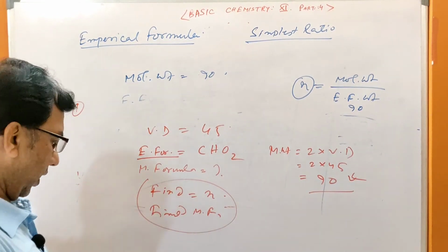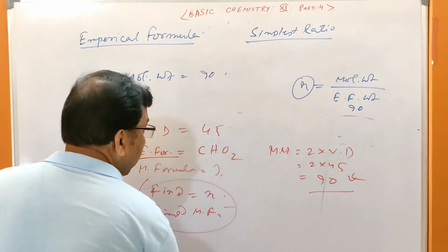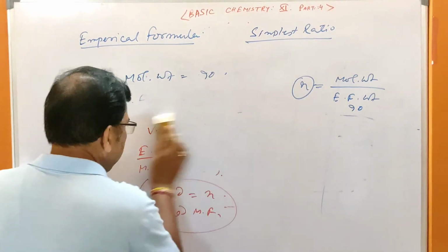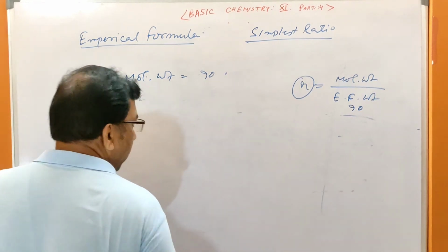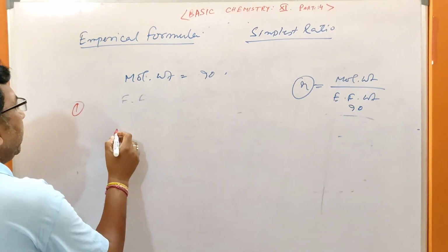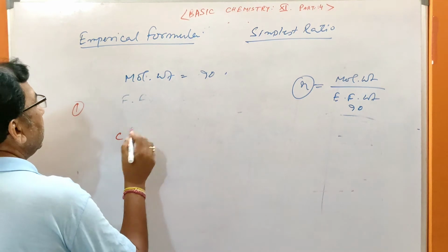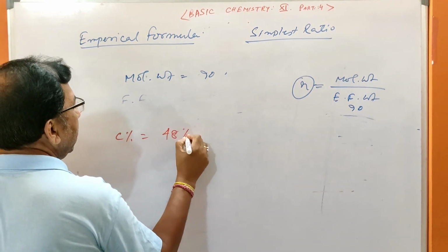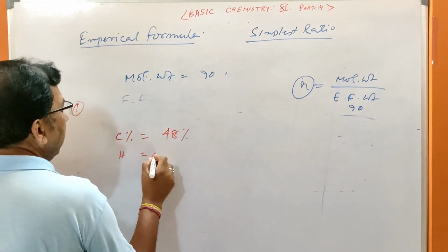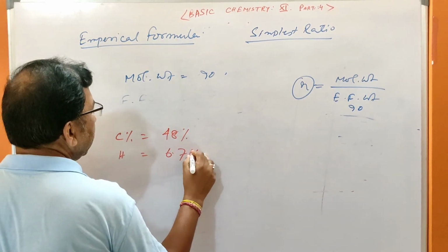And sometimes, last sum, I am giving an example. Suppose in a compound there are carbon, hydrogen and oxygen. The percentage of carbon is given, 48%. Hydrogen is given 6.7%.